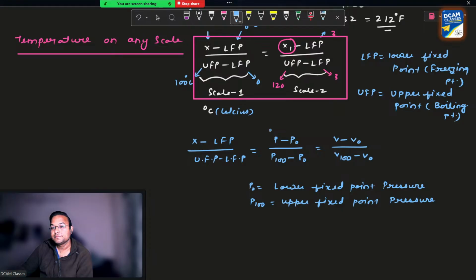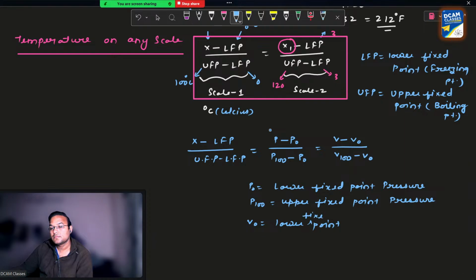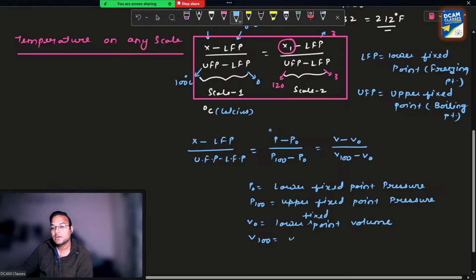Similarly, V naught represents the lower fixed point volume, and V100 represents the upper fixed point volume.